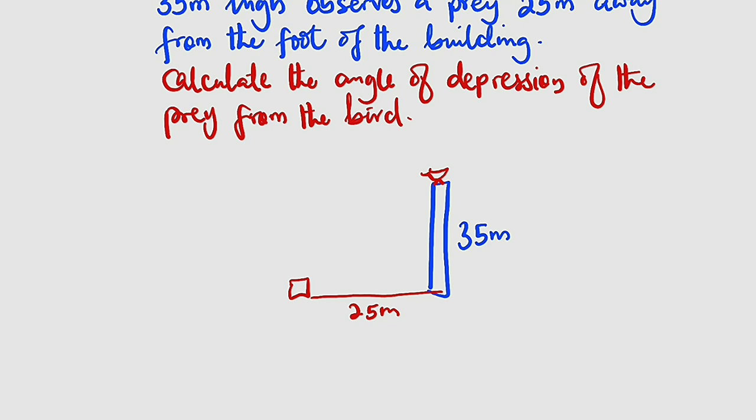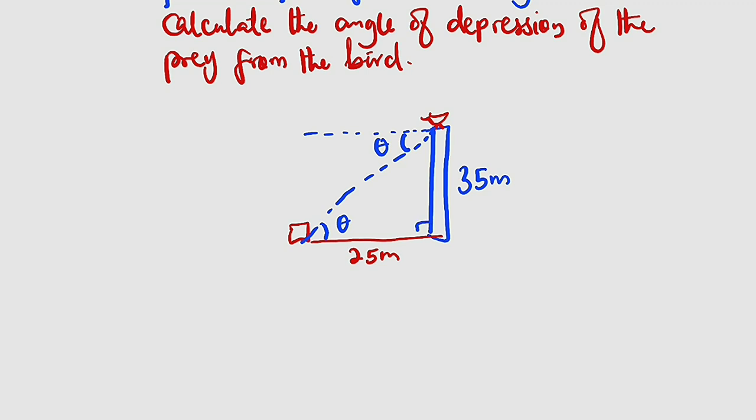The angle of depression will be the angle between this horizontal line and the line of sight. So we're talking about this angle right here, which we can call theta. And because these two lines are horizontal, this angle is alternate to this one, right? So they must be equal. You can see we have a right-angled triangle right here. We're talking about this angle.